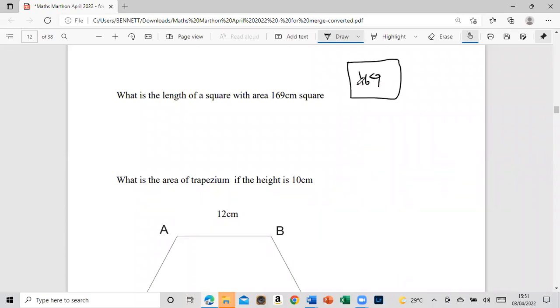What would be the length of the side for it to give you 169? Find the square root of 169. So what's the square root of 169?